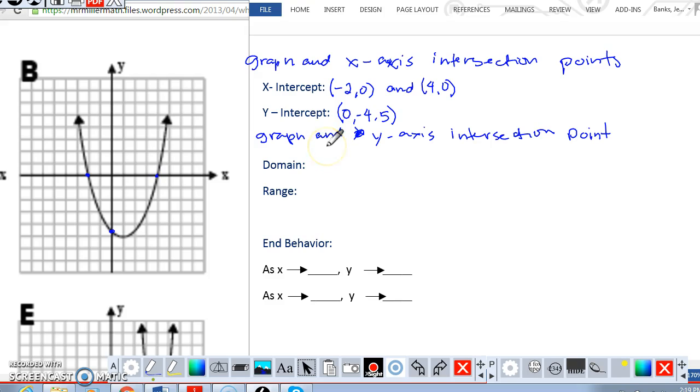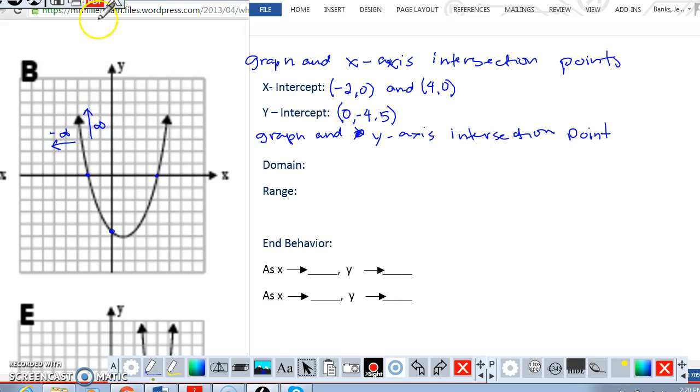Now again, for domain and range, as well as end behavior, it will probably be helpful to break down the component of each end. Let's concentrate on this end. As you can see, this end goes all the way to the left, and all the way up. The left motion is your x component, so that goes to negative infinity, and this one goes to positive infinity going up.